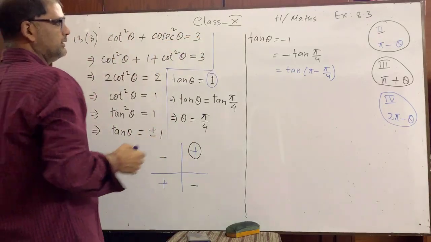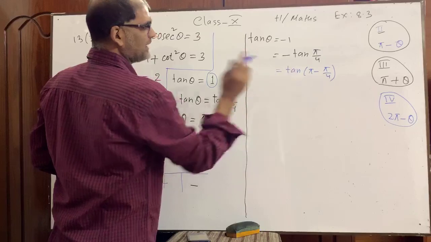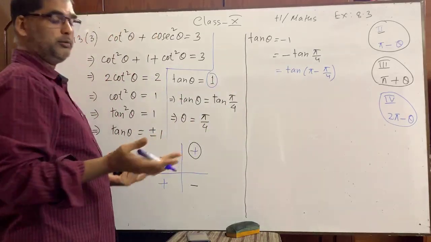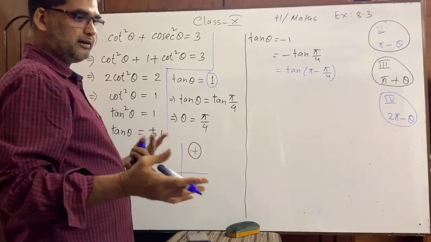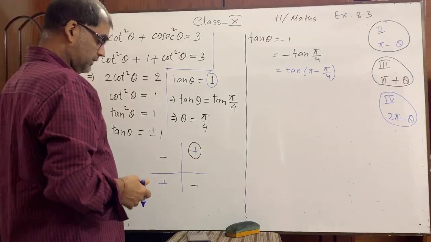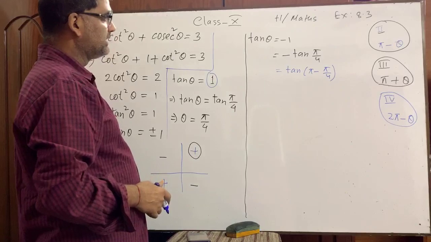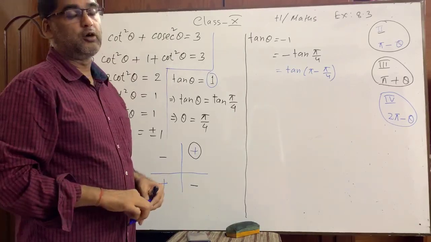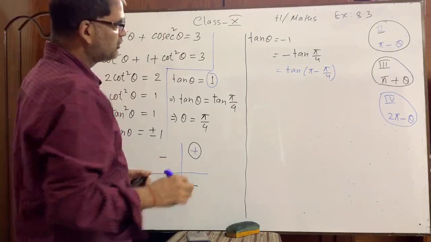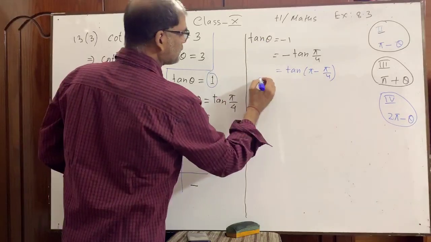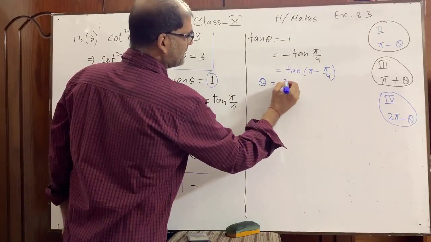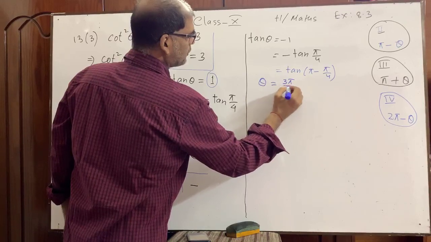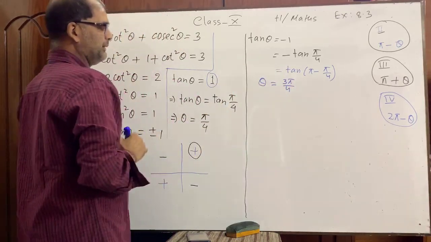Now this tan and this tan will be omitted from both the sides, or by taking inverse, but in your class there is no pattern of making inverse. So I can write here theta equals pi minus pi by 4, that is 3 pi by 4. 3 pi by 4.